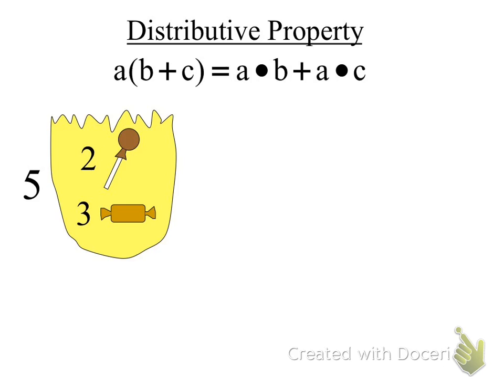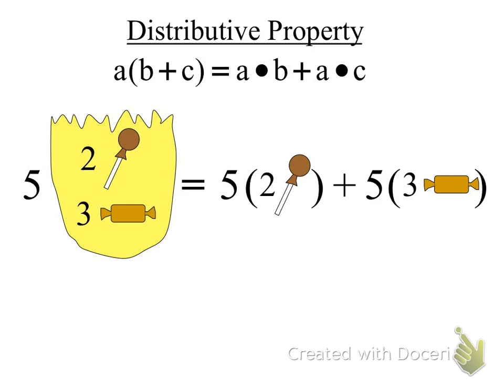But how many bags do I need? 5. Okay? So that's the same thing as 5 times 2 suckers plus 5 times 3 Tootsies. All together, I'm going to have how many suckers? 10. And how many Tootsies? 15.